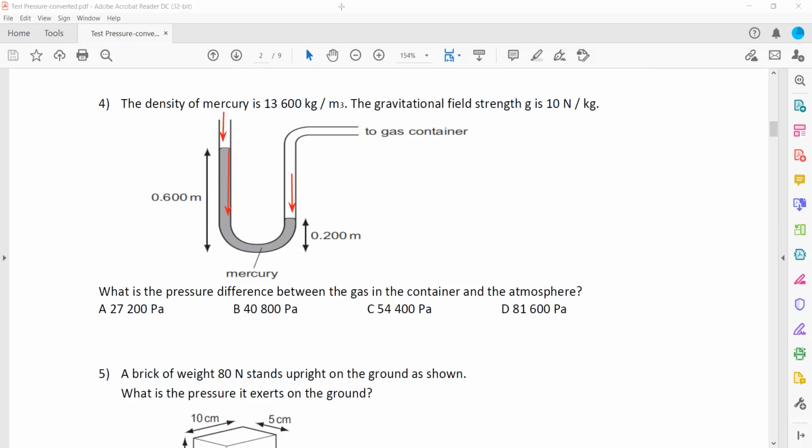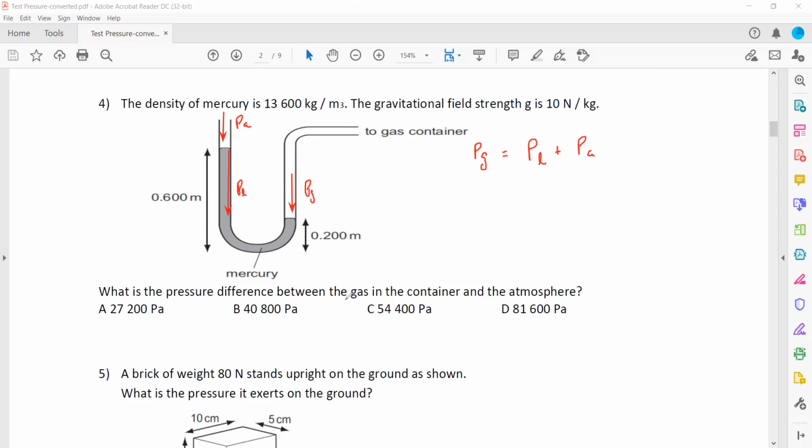So here the pressure of the gas is higher, so we can say the pressure of the gas is equal to pressure of liquid plus pressure of atmosphere. Here atmosphere exerts pressure, liquid exerts pressure and gas exerts pressure.